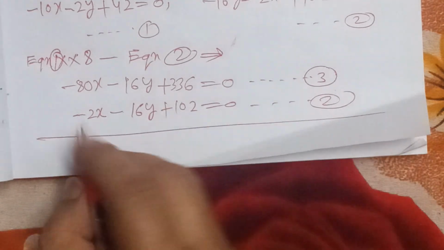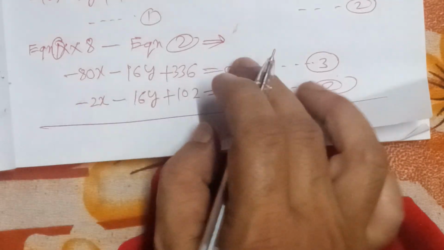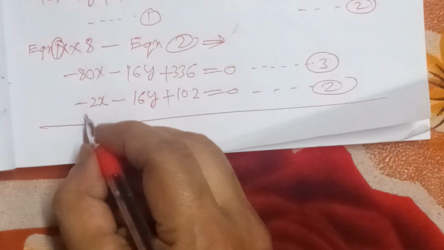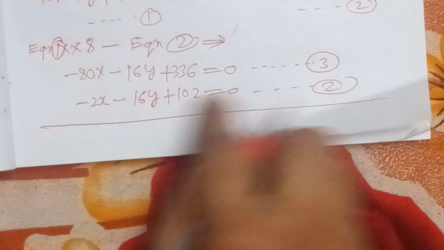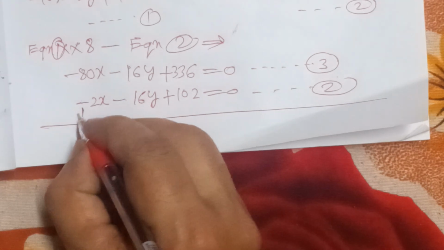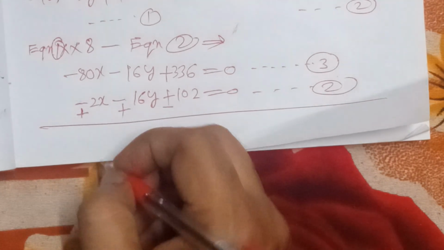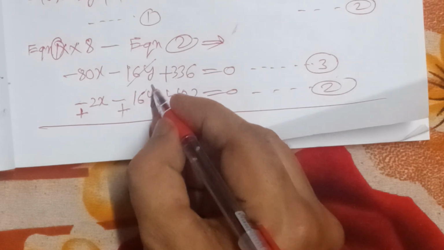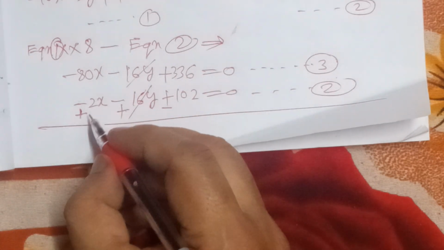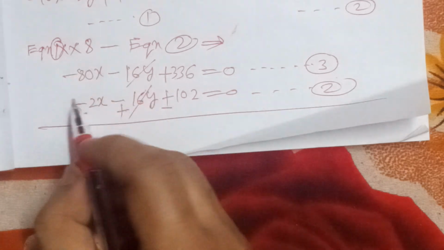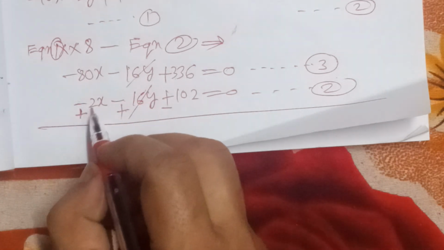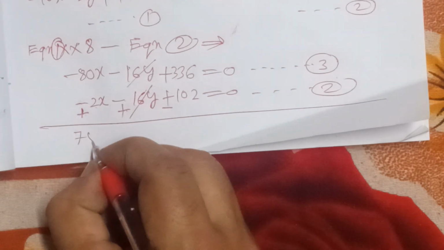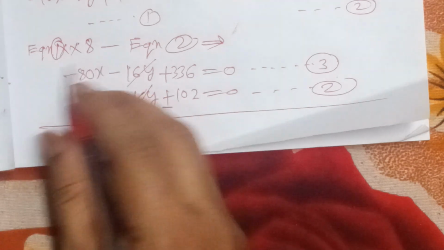I subtract equation 2 from 3. So we change the sign of the second equation, then this sign becomes plus and this minus. This value is plus, this minus, so this will eliminate y.